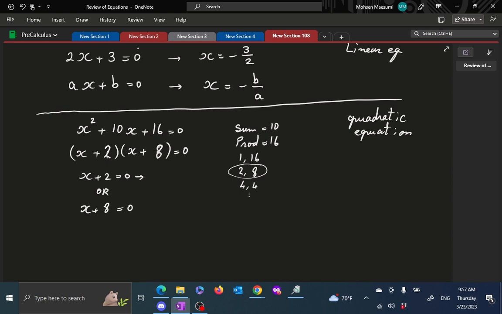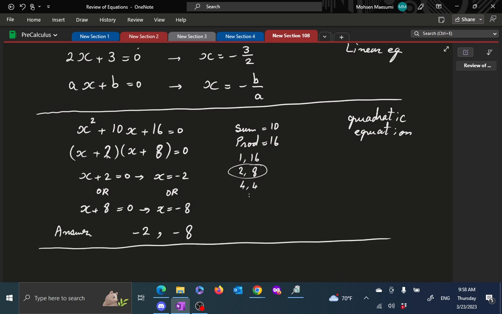So that gives us x equal to -2, and that gives us x is equal to -8, and our solution is -2 or -8. On ALEKS, when you enter this kind of situation, you separate them by commas. So it says give me a comma separated list of all possibilities, and then you write the answer in this fashion on that software. So -2, -8.